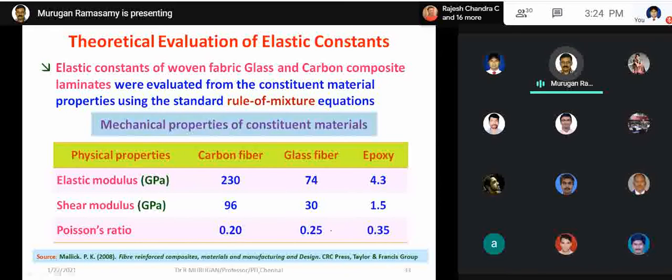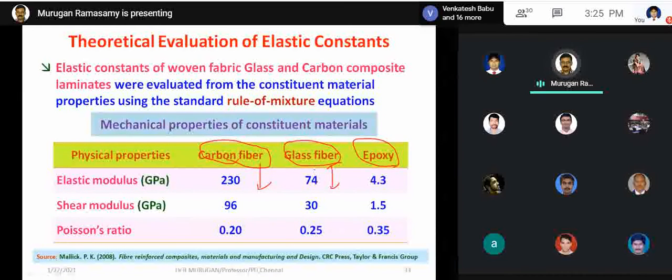So what is the available material property? The available properties are for carbon fiber and glass fiber, in the data book, and we used an epoxy matrix also. For the fiber form, the properties are available.